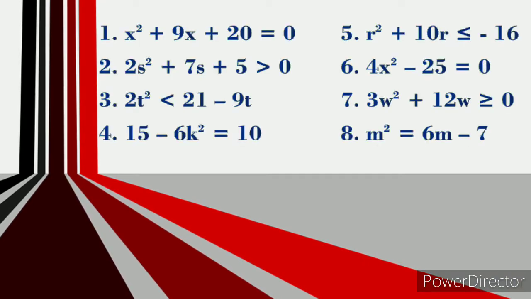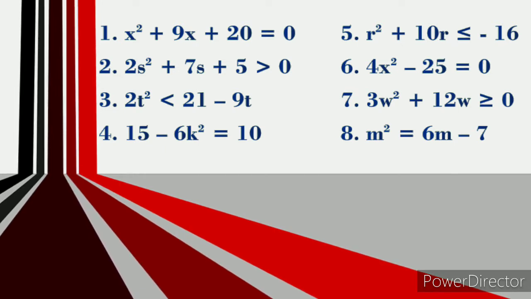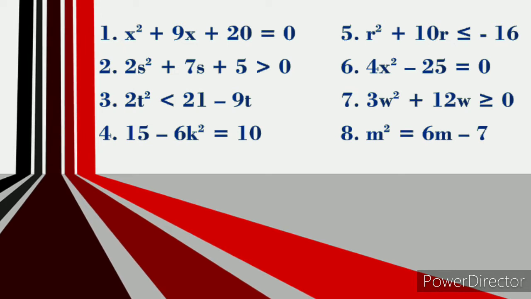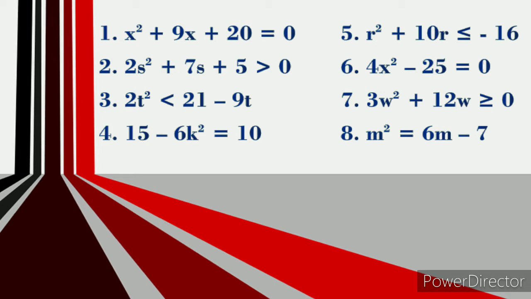Now, let us determine whether each mathematical sentence is a quadratic inequality or not. Number 1. x squared plus 9x plus 20 equals 0. Number 2. 2s squared plus 7s plus 5 is greater than 0.